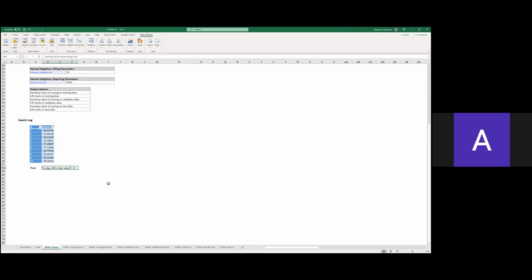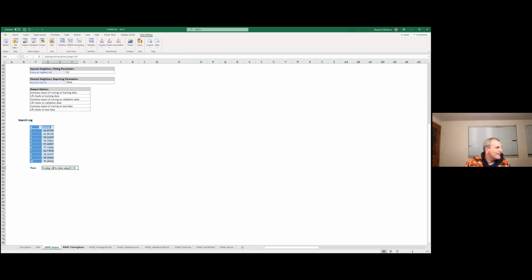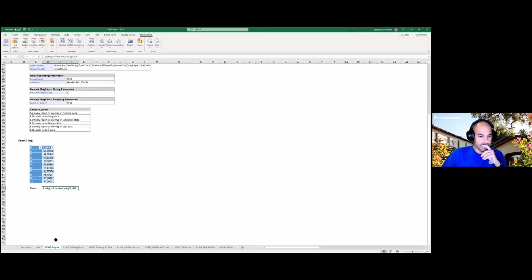All right, wow, look at this. Our K10 is the best one. And so looking at our, hold on, let me hide this panel. It wants the RMSE for the test set. Sorry, hold on, let me move this panel real quickly. There we go. So let's go over to our test set.